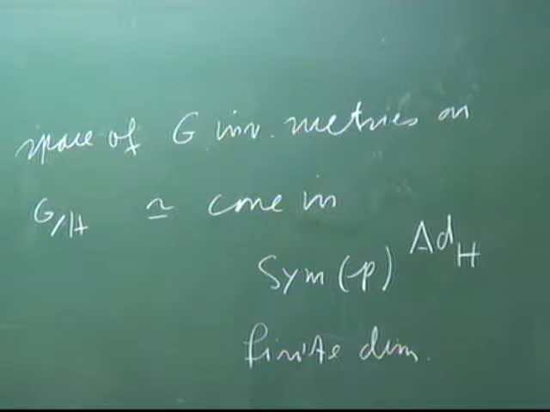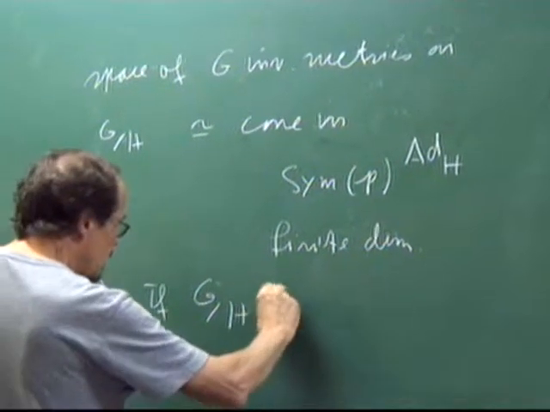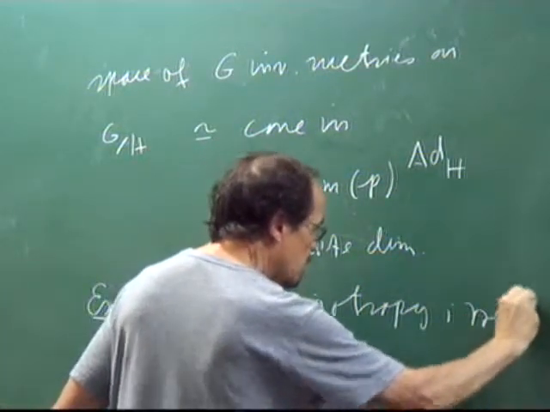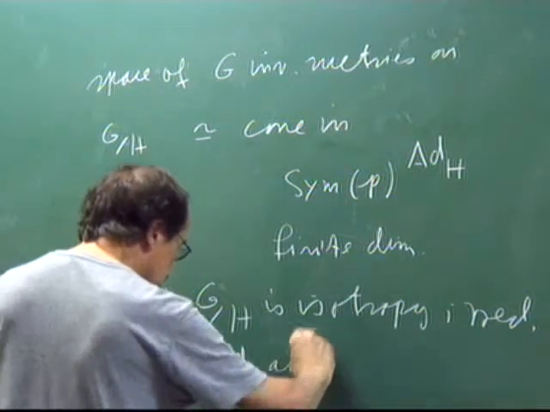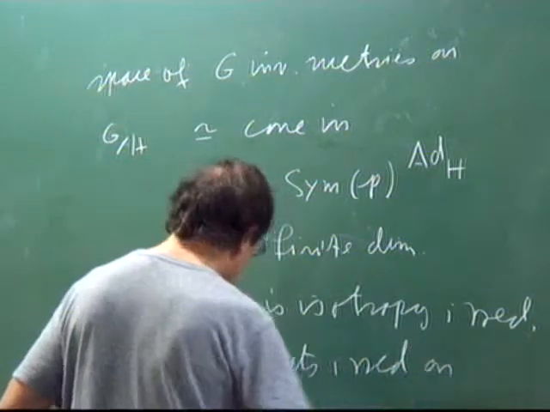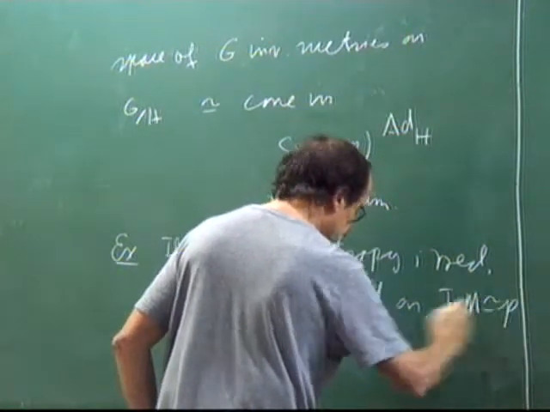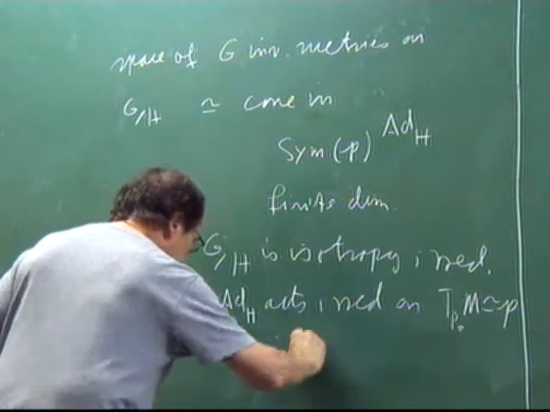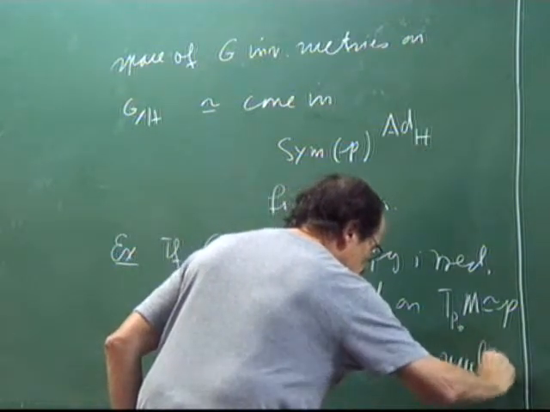Okay. Well, for example, say G mod H is what's called isotropy irreducible, i.e. Ad H acts irreducibly on P, or on T_{P naught} M. This implies that the metric is unique up to a multiple.